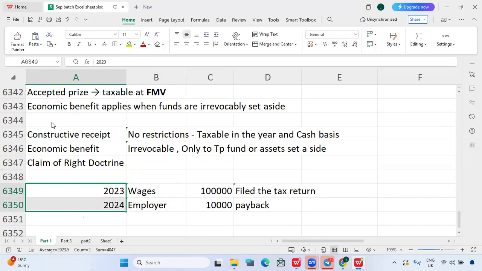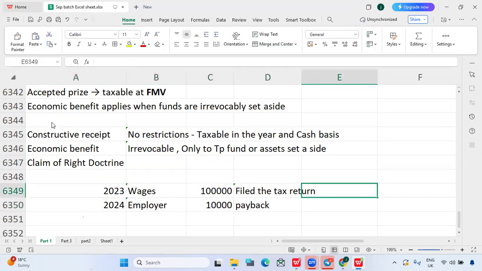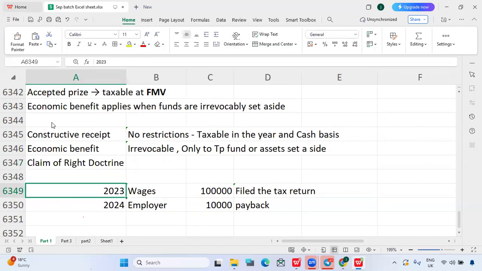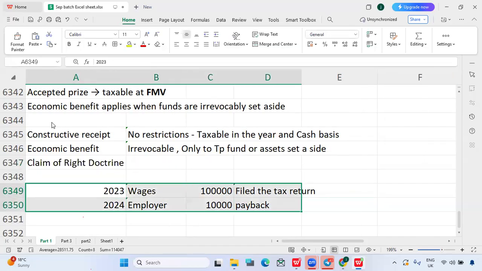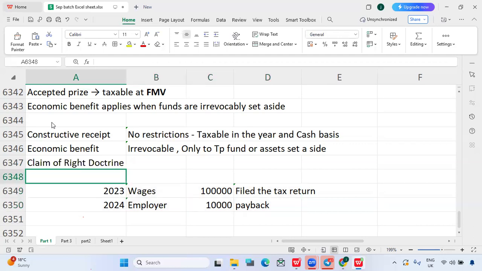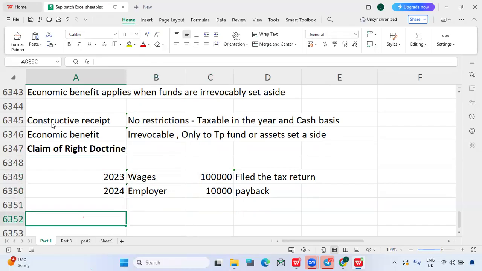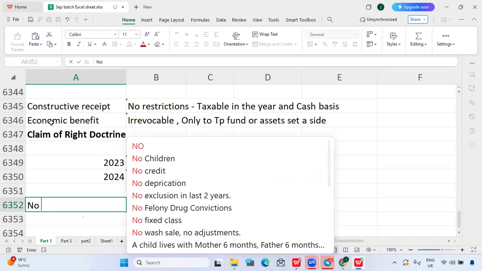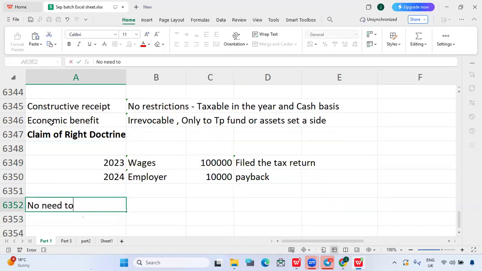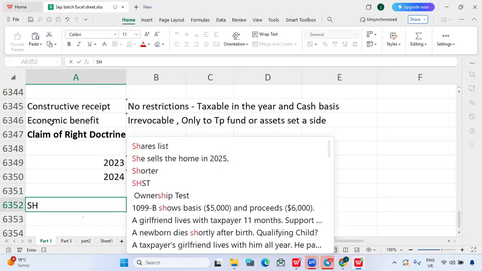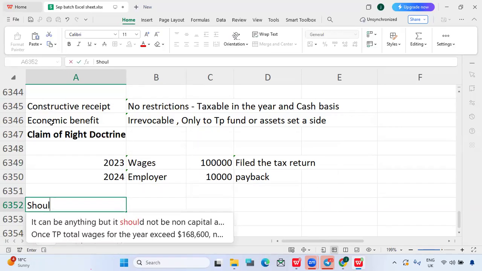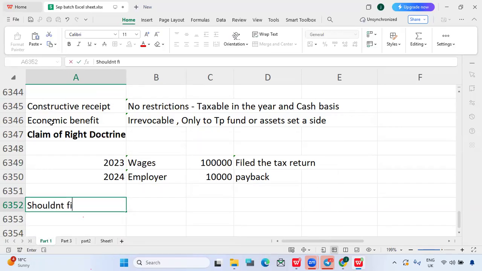Generally, we are paying back, right? So we could amend the previously filed tax return, but generally we cannot do that because of the claim of right doctrine. You don't need to amend your previously filed tax return; we shouldn't amend it.